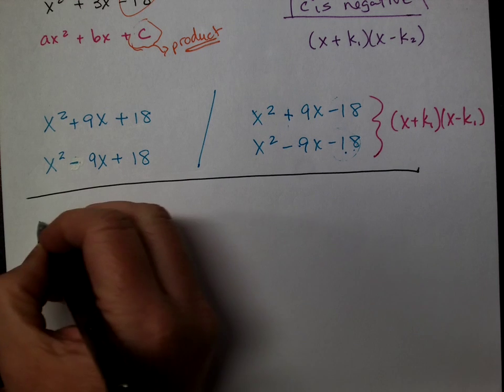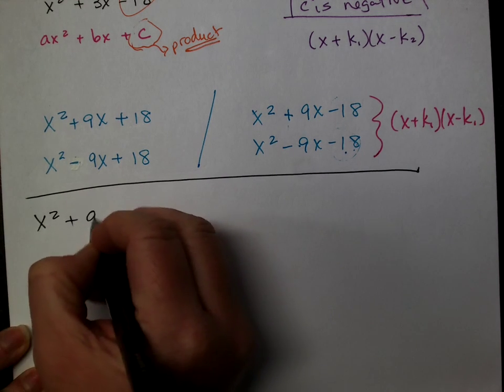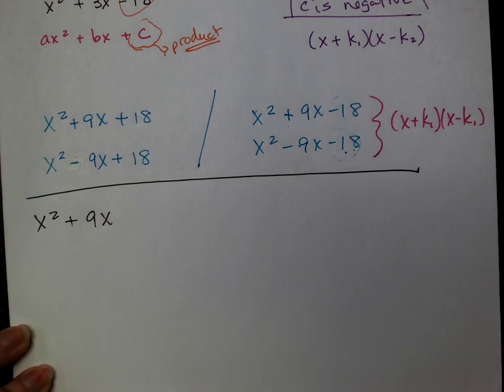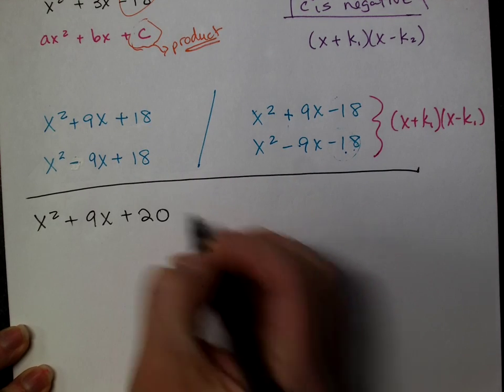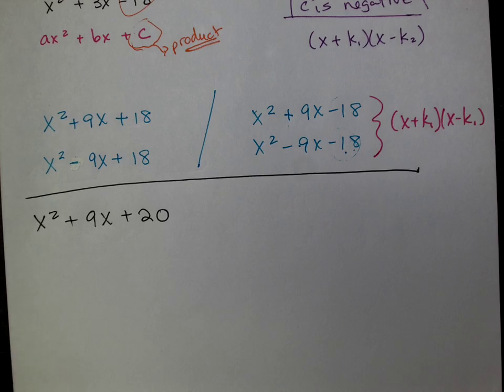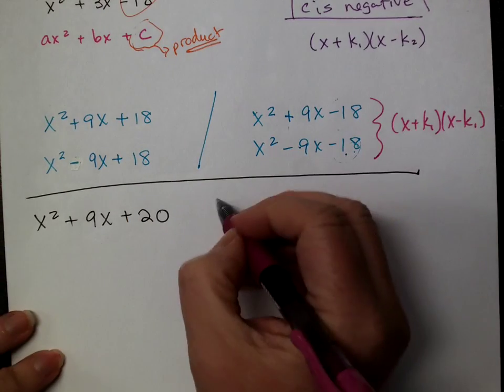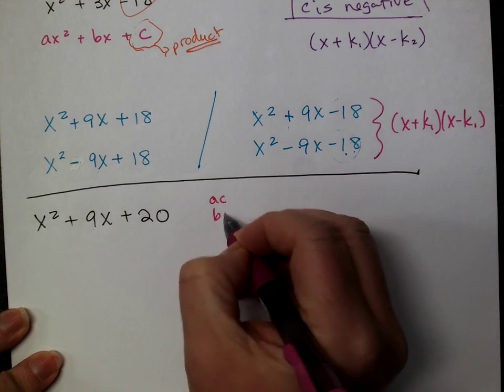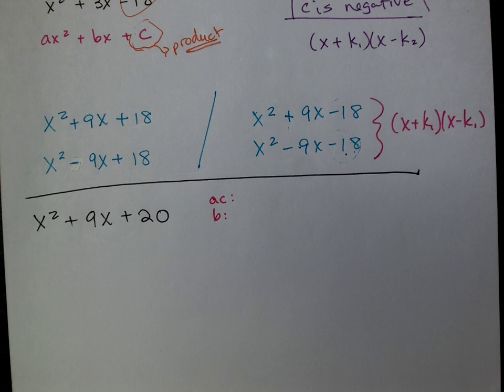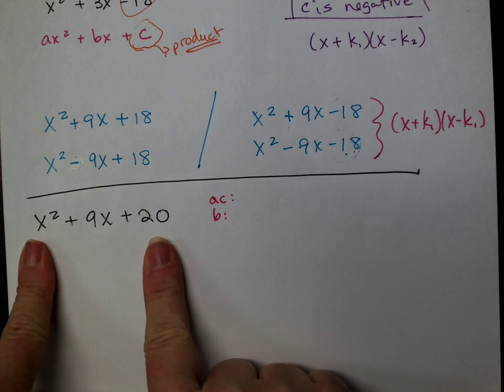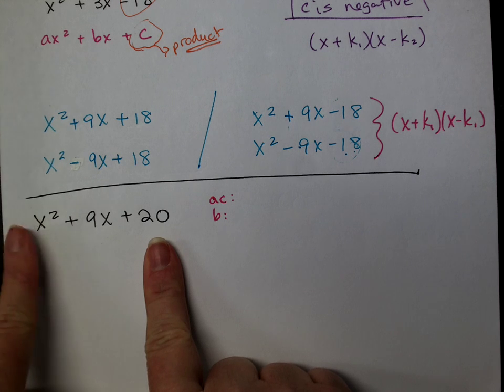Okay? So let's do x squared plus 9x plus 20. All right, so let's identify first what is your AC and what is your B, because of the ACB method. So what is your AC? What's my A? 1. And what's my C?